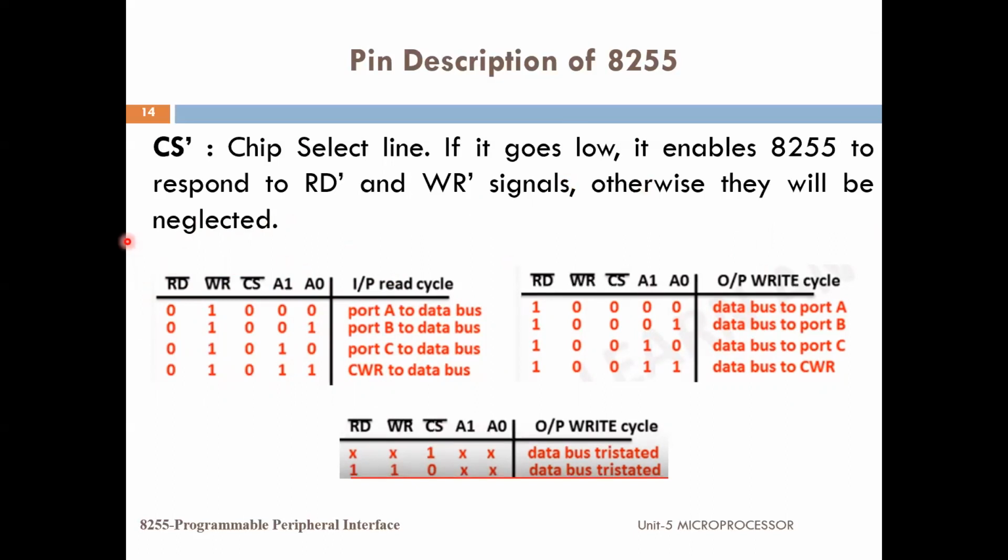And for the write operation, the direction of flow of data will be opposite. From the microprocessor, the data will be put on the data lines, and from there onto the data bus buffer.